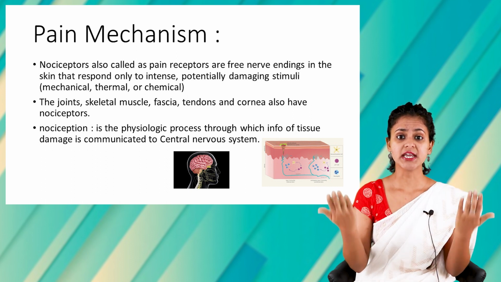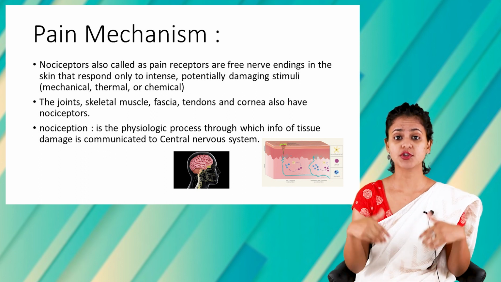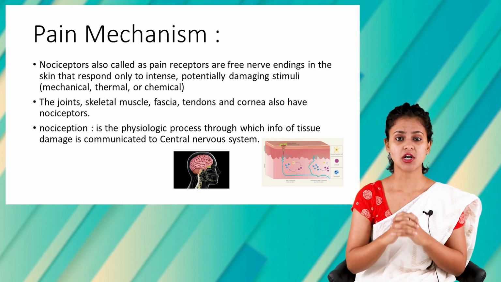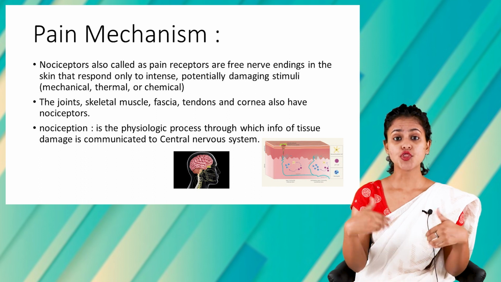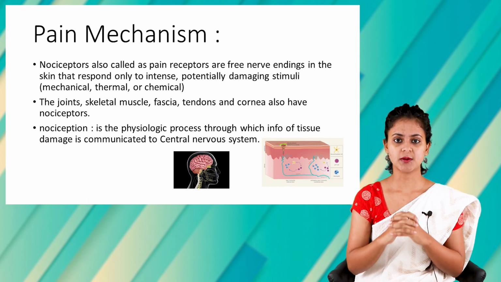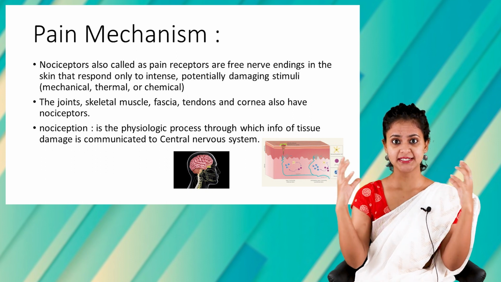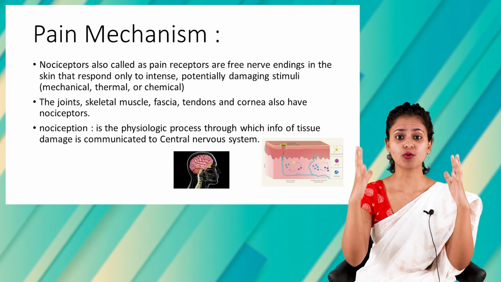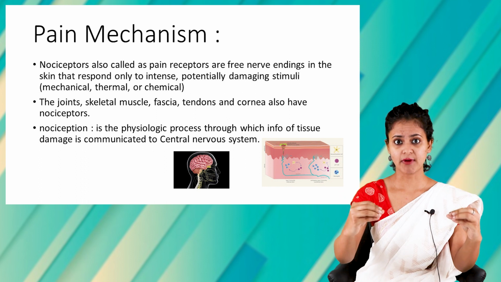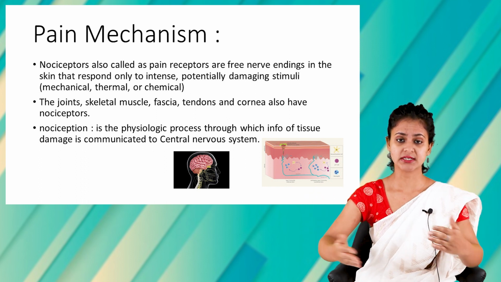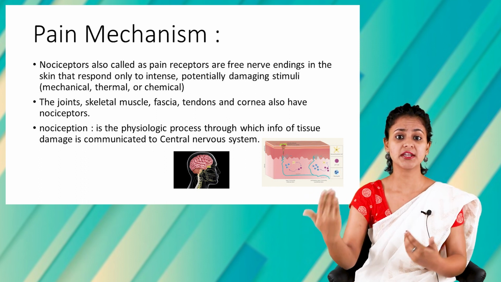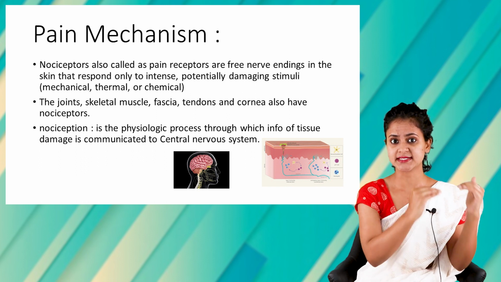We are going to learn first about the nociceptors. What are nociceptors? Nociceptors are also termed as pain receptors. You have to make it clear that this is one of the most particular areas where the transmission and processing of pain for an individual person gets started.